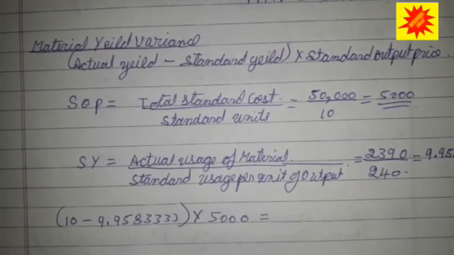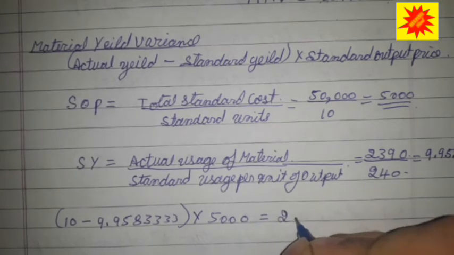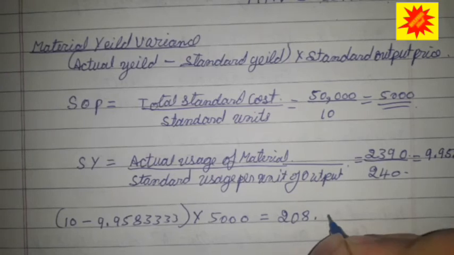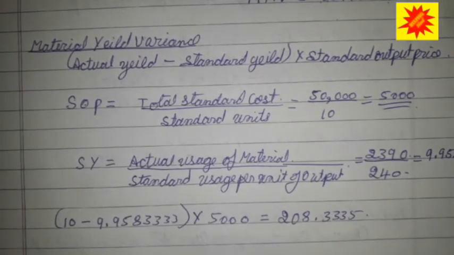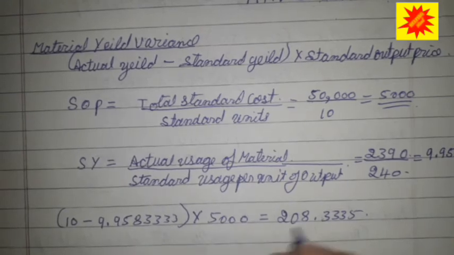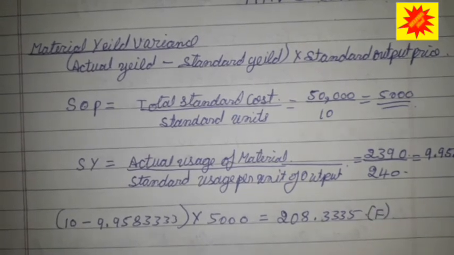So 10 is greater than 9.9583333, so that value into 5000 will give us 208.3335. So here it is positive, so it is favorable.